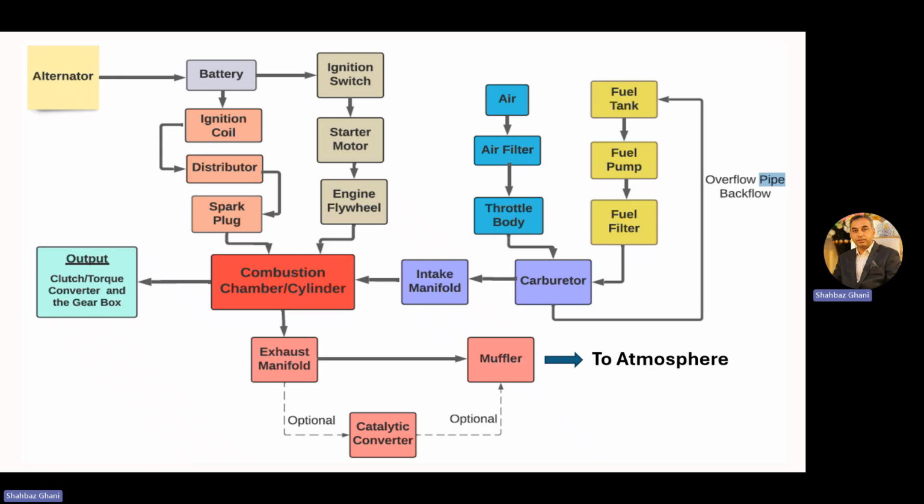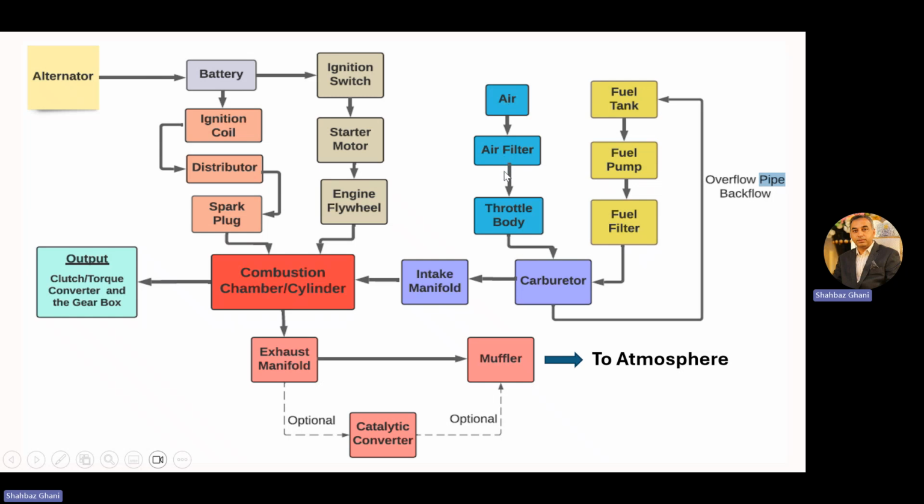Now I once again recap your knowledge. Let's see on the right side of this slide, we have a fuel system. We have a fuel tank, fuel pump, fuel filter, and it is coming towards the carburetor that we have studied in chapter 4. Now, in chapter 5, we have studied about the air induction. We have atmospheric air. Air comes to the air filter.